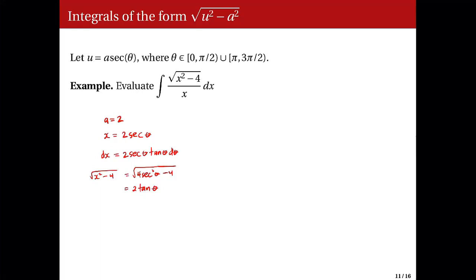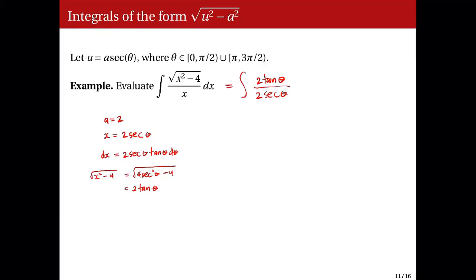Therefore, this is equal to the integral. We have the square root of x squared minus 4, so that's just 2 tangent theta, over x. x is 2 secant theta, so you have here the denominator as 2 secant theta.